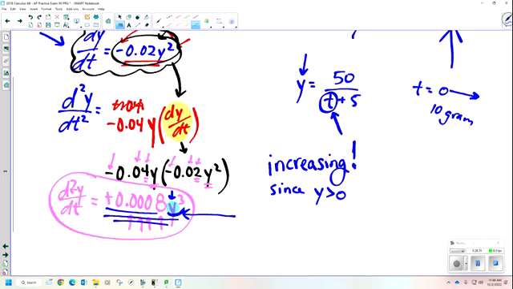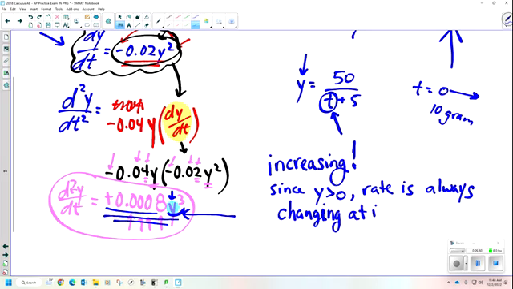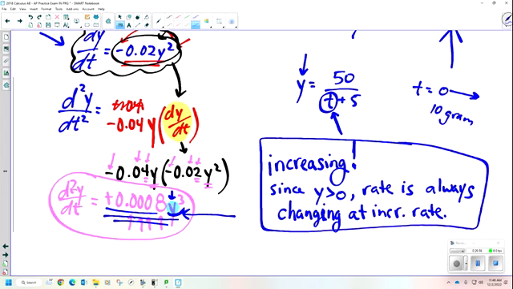Since y is always greater than 0, the rate is always changing, and notice I'm using their words, changing, not change, changing at an increasing rate. That is the explanation you need. That is the answer to the problem.